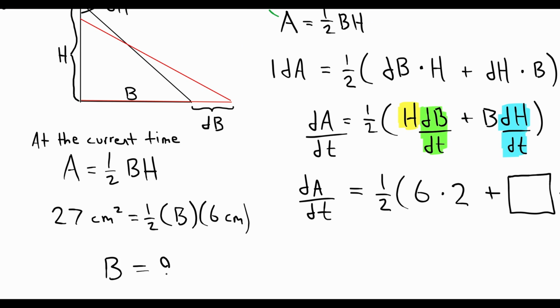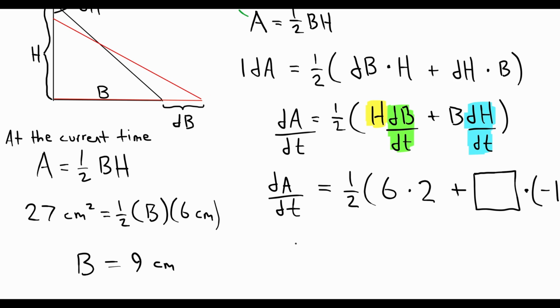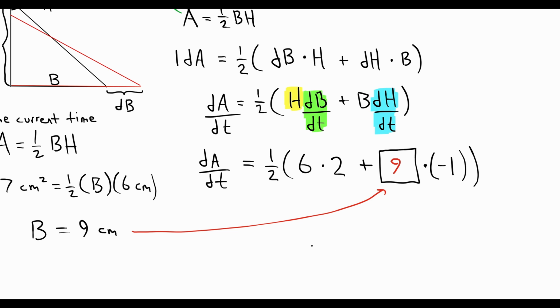I get that b must be 9 centimeters. So now we really have everything we need. Put the 9 there. And we can now get our final answer. I get 1.5 centimeters squared per second.